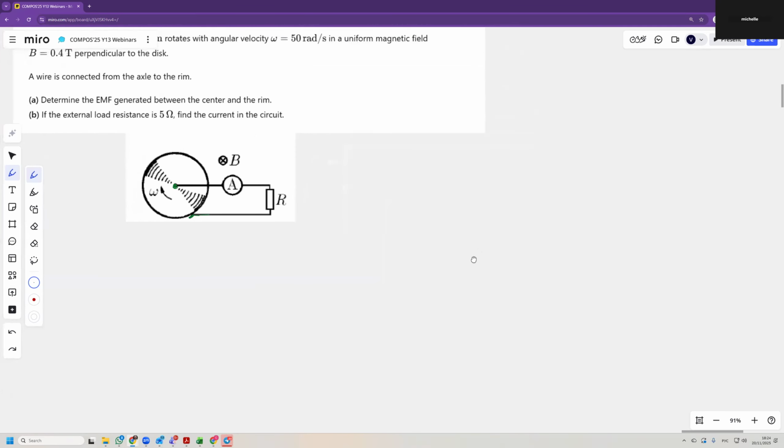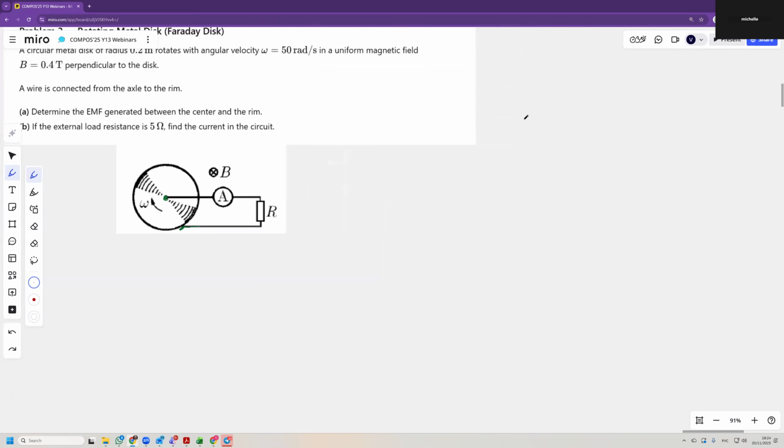To work out that voltage, we are going to say, well, let's take the disk and let's take a small section of wire. So basically, it is like a very short wire moving through a magnetic field.